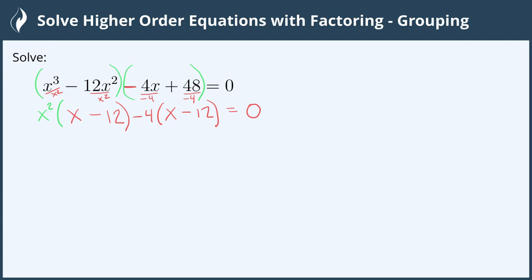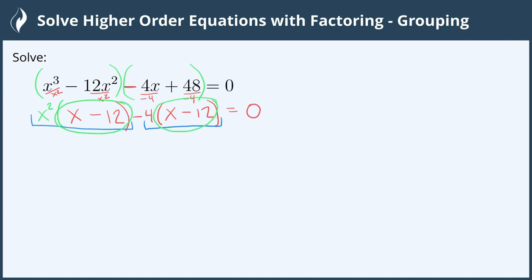Now that we've factored out the greatest common factor, we have two much larger terms. To continue factoring by grouping, we look at these two larger terms and find the greatest common factor. In this case, it's the binomial x minus 12 for both of them.